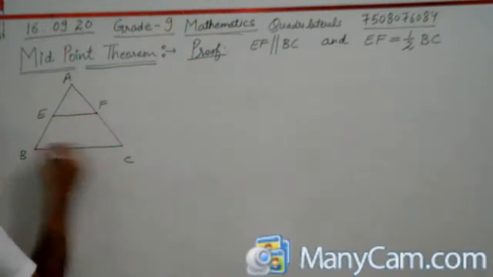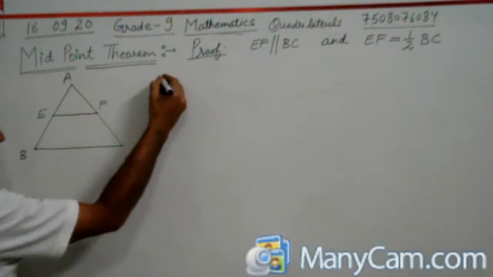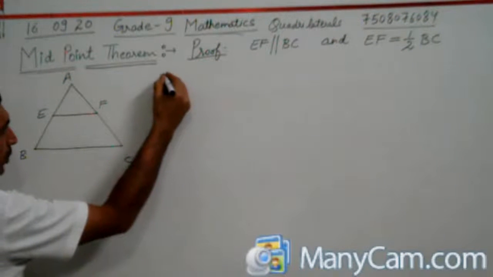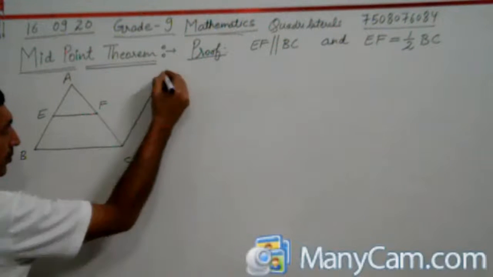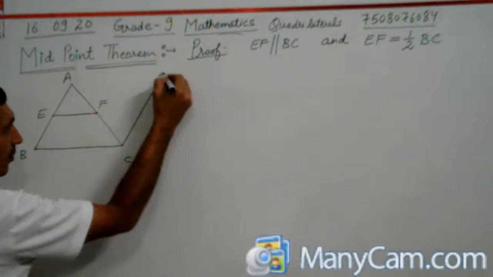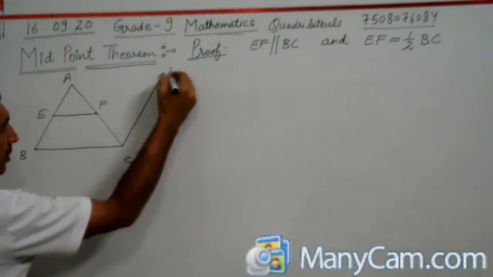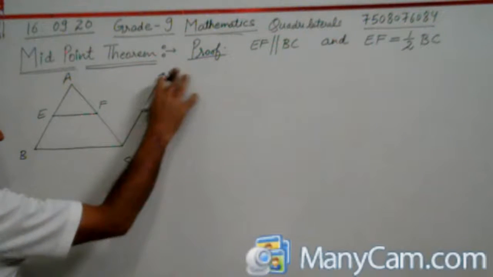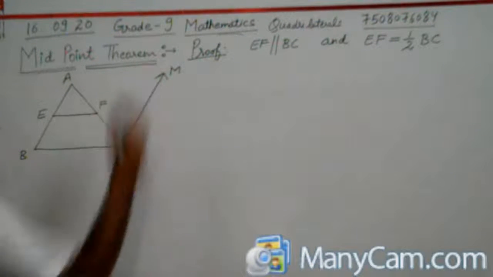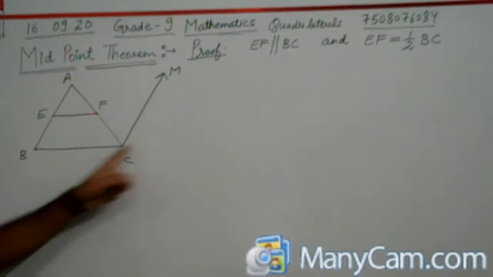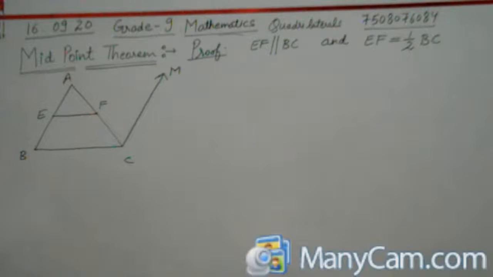From point C, we will draw a line parallel to AB. You can choose any other point, that point is M here. CM is parallel to AB by construction, right?